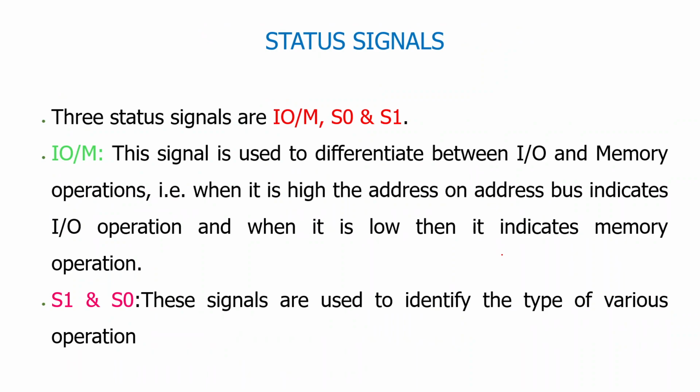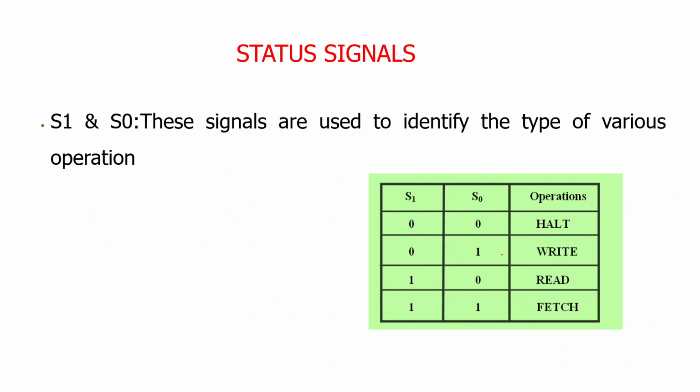Next, status signals: input output memory, and S0 S1. The S0 S1 combination will tell whether it is a read, write or hold operation, and the input output or memory pin will tell whether the microprocessor is communicating with an input output device or with memory.